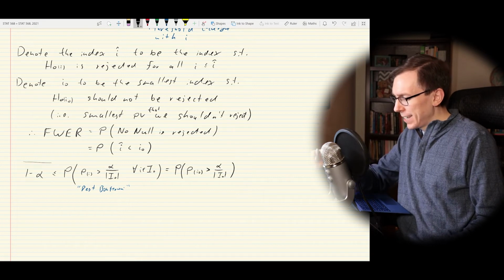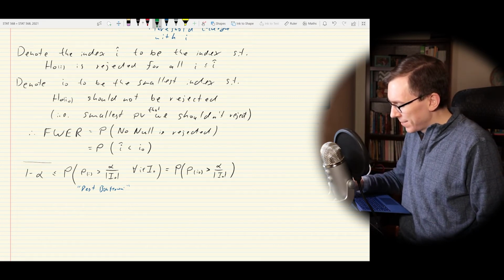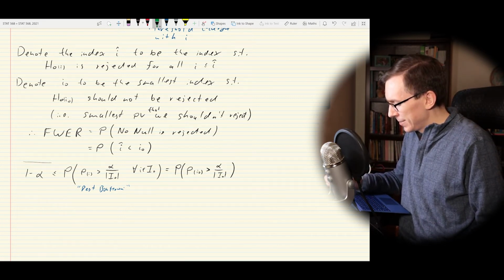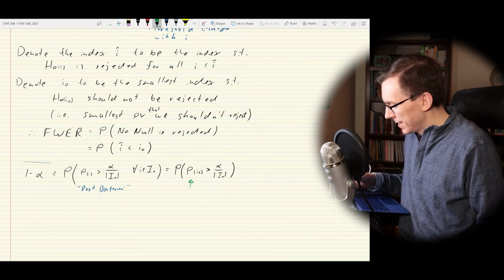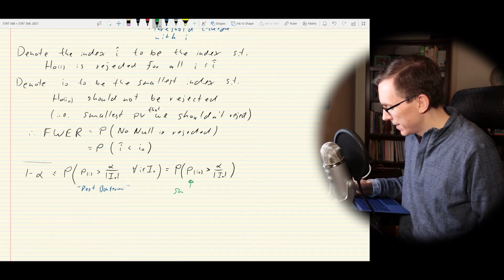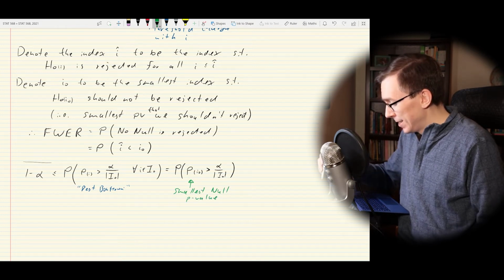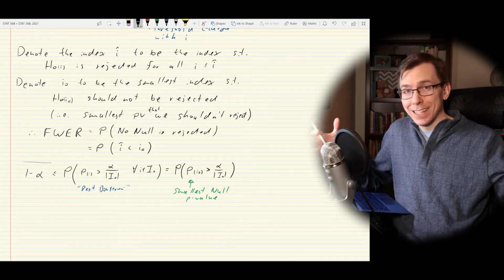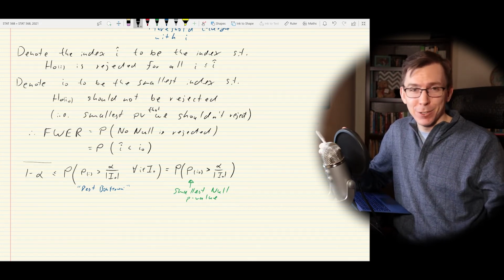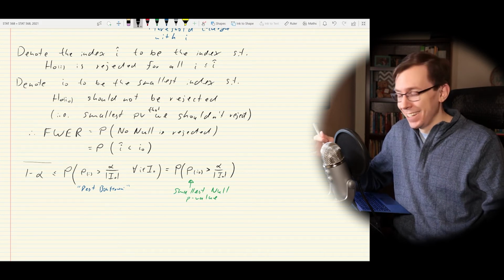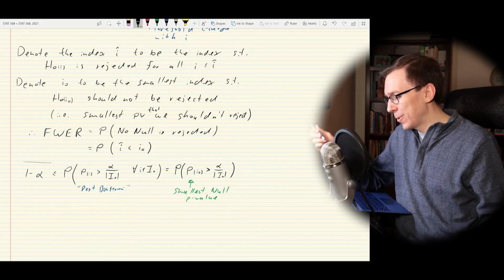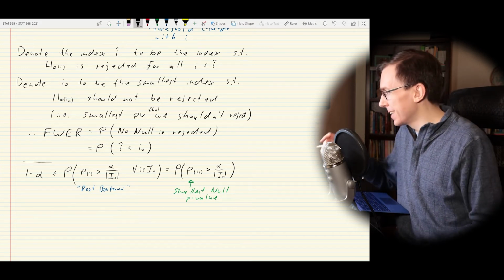Because this is the smallest null p-value. So the point is that if we don't reject the smallest null p-value, we're not going to reject any others. So that's why these are equivalent statements probabilistically.